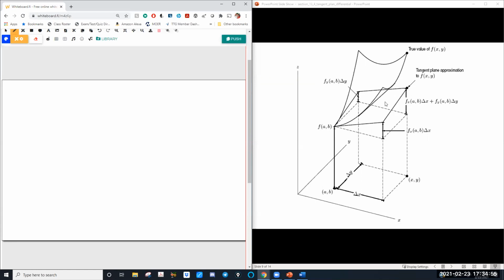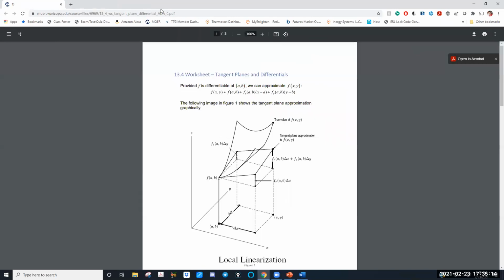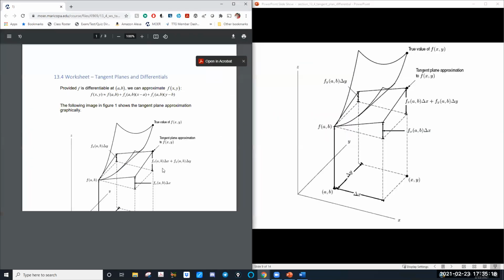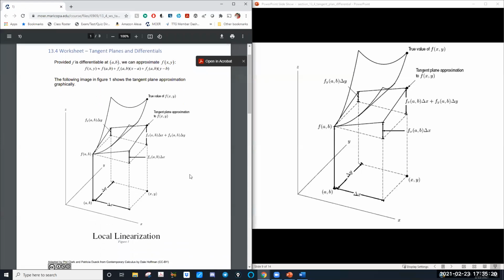Now, the reason I bring this image up, I think a tangent plane we can get a pretty good idea of. You know, it's a plane that's tangent to our curve at a single point. Where this image really becomes useful is when we start to talk about a differential. So let me bring this over so we can have them both up at the same time. Okay, so here's the image here.